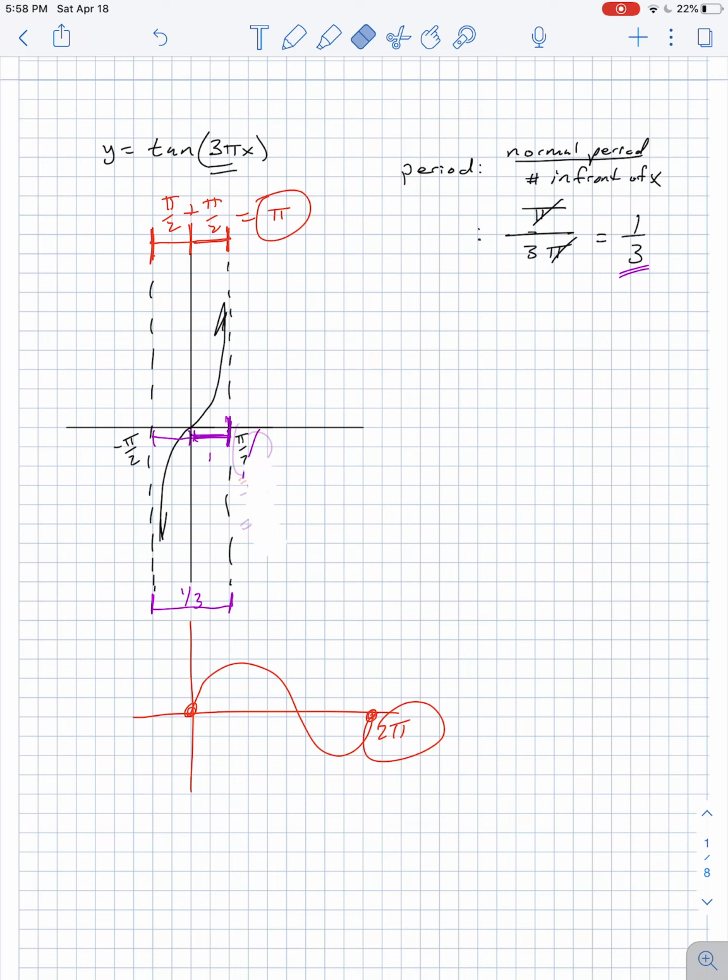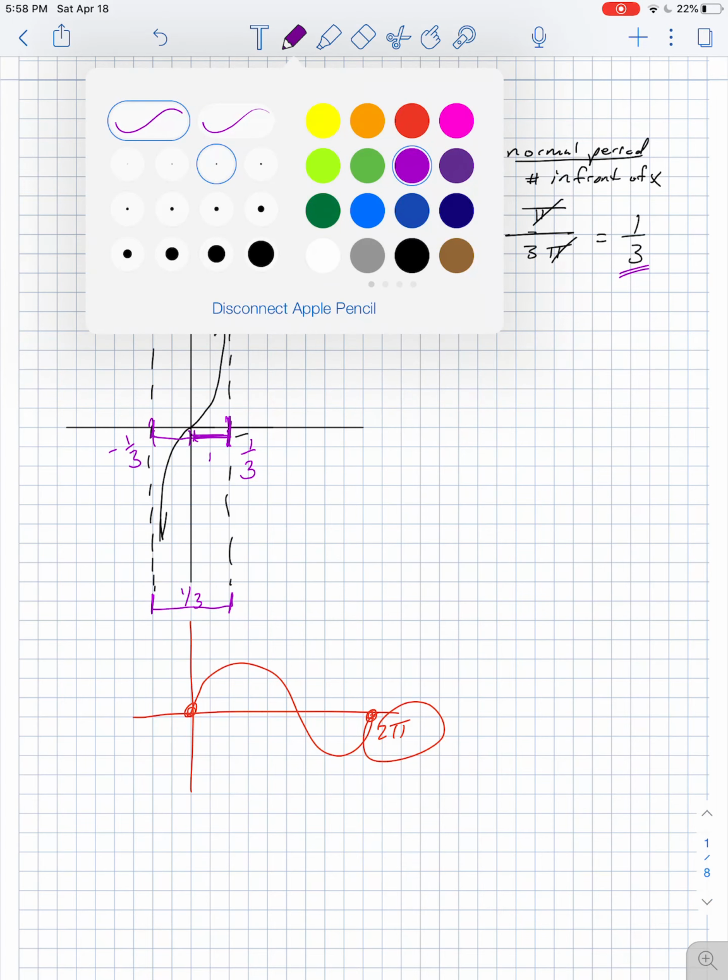Okay, so let me erase the pi over 2, and if we're just relabeling, this is going to be 1/3. That's this value here, and this value on the left is going to be negative 1/3. I mean, sorry, I did that wrong.